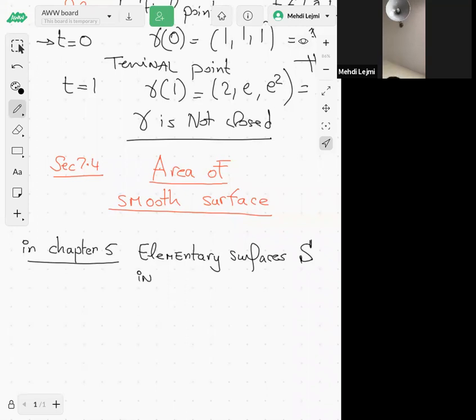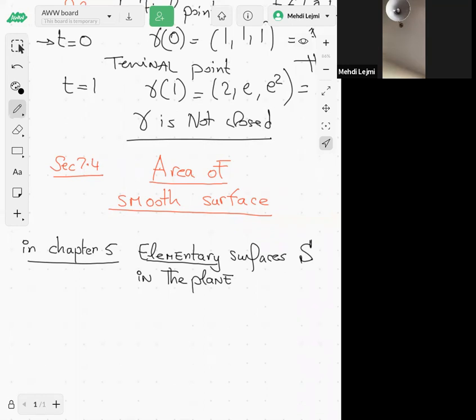This is another difference with what we are doing now. In chapter 5, we had surfaces in the plane, and the surface is supposed to be elementary, which means, for example, that x is between two functions of y, but then y must be between two constants.